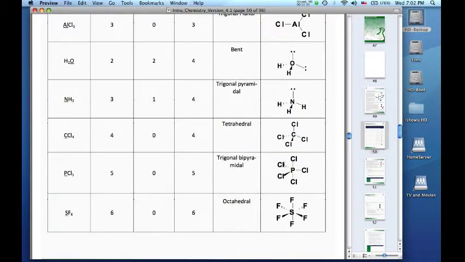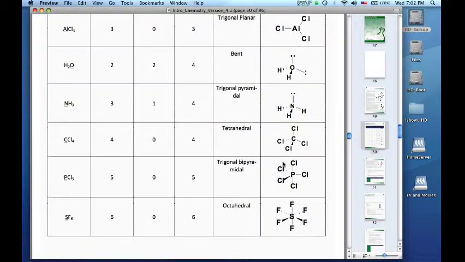This one here with 5 things is trigonal bipyramidal. That means there's a trigonal planar arrangement right here, with the chlorines and phosphorus. There's a plane here with 4 of these atoms, all coplanar, and then at a 90-degree angle to that, above and below, are 2 more atoms.